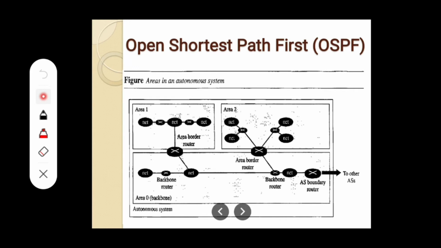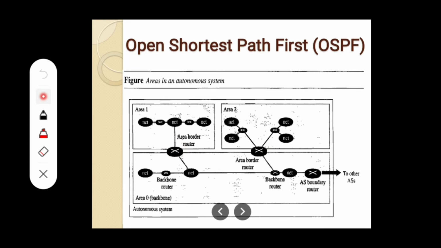Now there is a special type of area called the backbone. Look here, this is area 0, called the backbone. The main purpose of this backbone is to connect all the areas in this autonomous system.